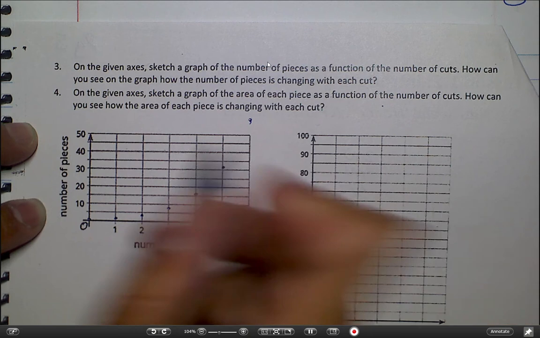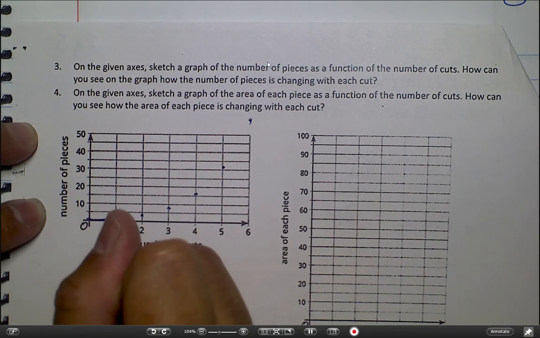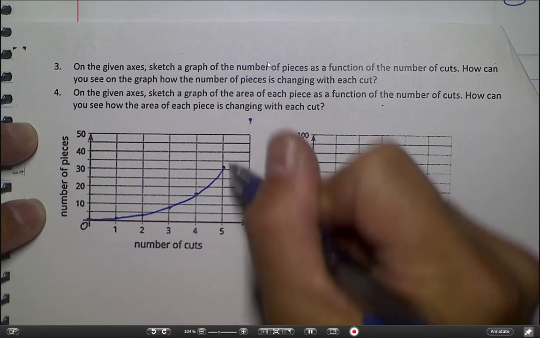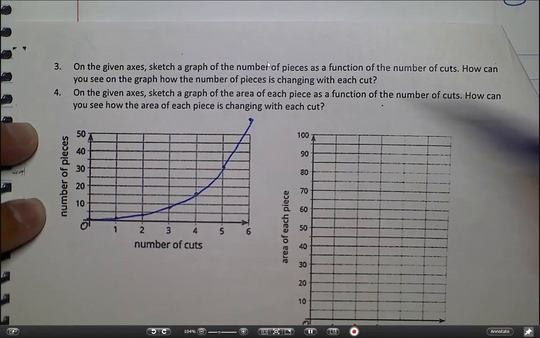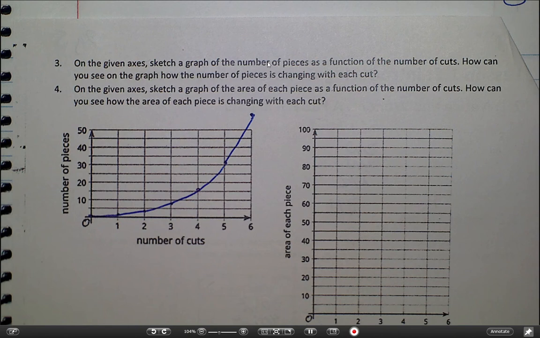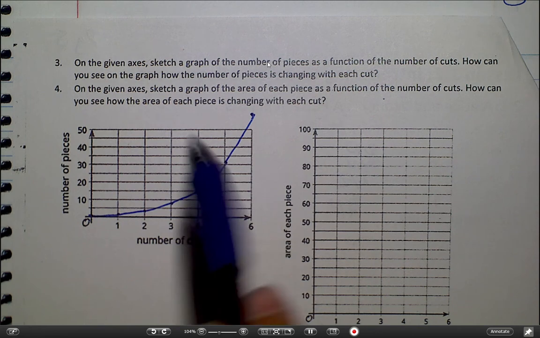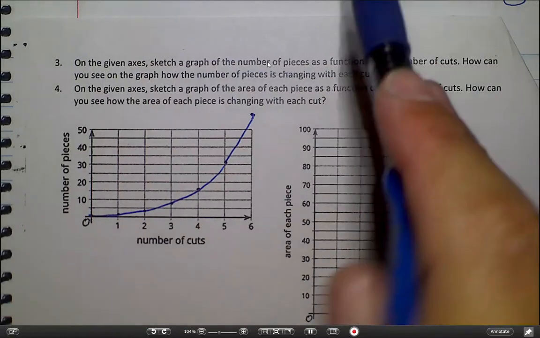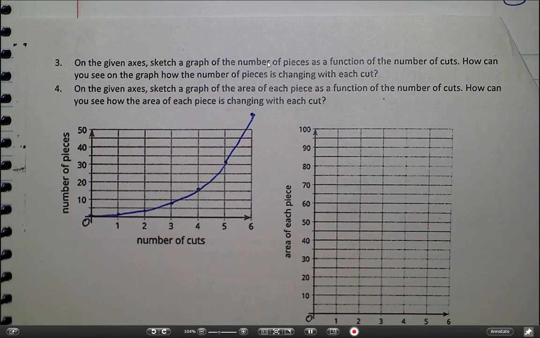So look at this right here. Can you tell me how that is growing? There's a special word for it. I don't know if you've ever heard of it before. Exponentially. It's going up exponentially. If you notice, as it goes up, it keeps going up faster, right? So the more we go this way, the faster it goes. So it just keeps going like that.